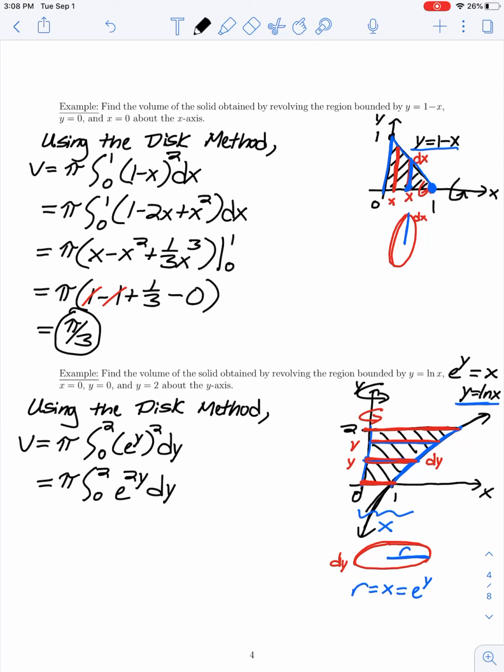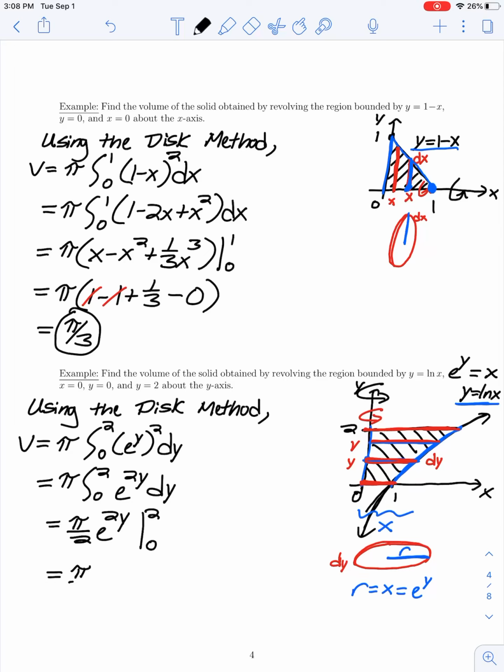So our antiderivative here would be our constant pi, and the antiderivative of e to the 2y is half of e to the 2y. So I have pi over 2 e to the 2y, which I'm evaluating from 0 to 2.